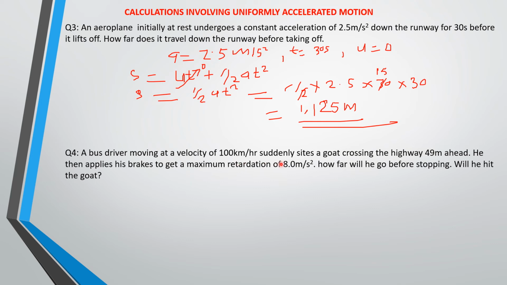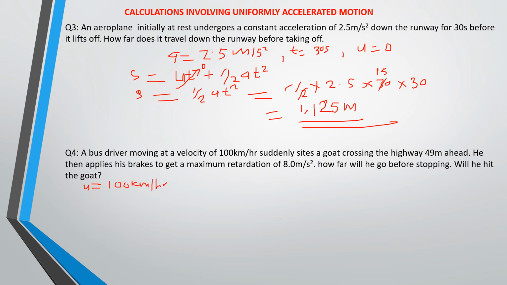But before you do that, you must convert this to meters per second. So that's what we're going to start with now. We are given that u, the initial velocity, is 100 kilometers per hour.